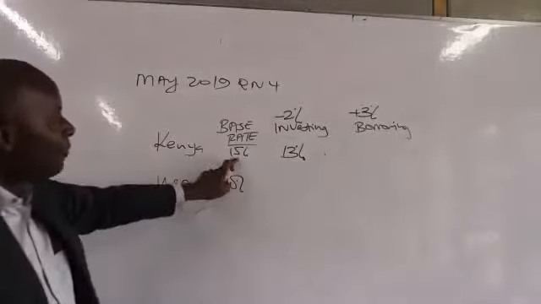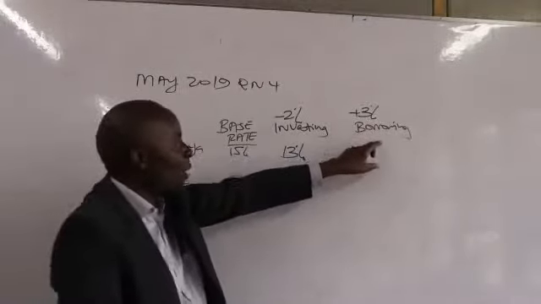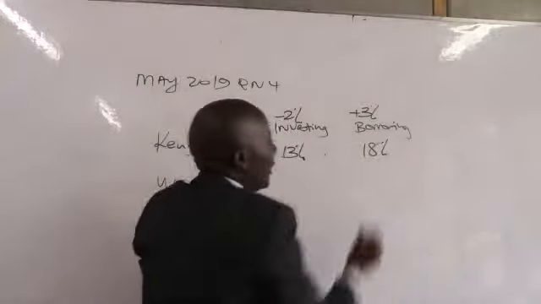Then 15% plus 3% to ascertain the borrowing gives 18%.